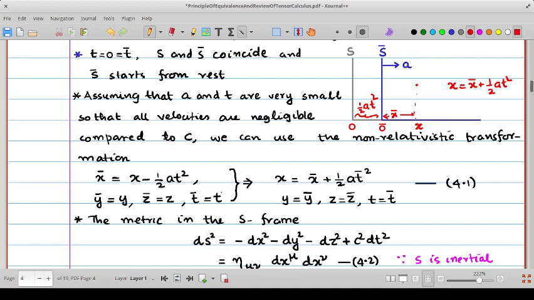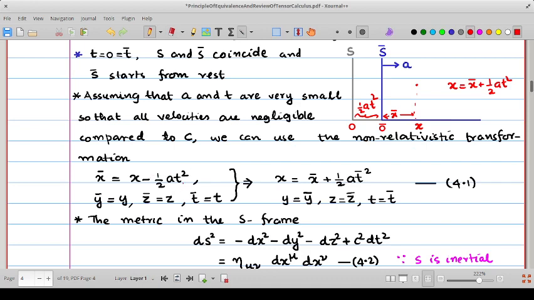Similarly, t bar is also equal to t, because t bar involves gamma factors, but v by c the whole square is much less than 1, and we neglect that in the non-relativistic limit.